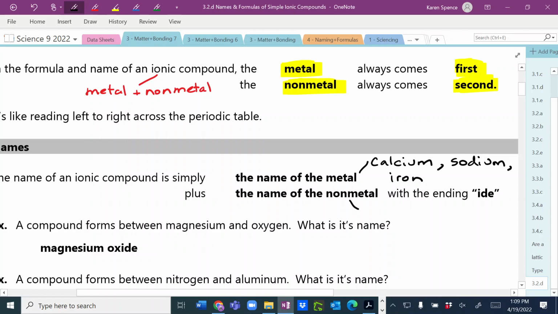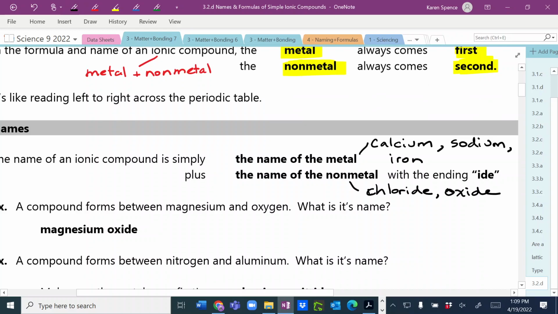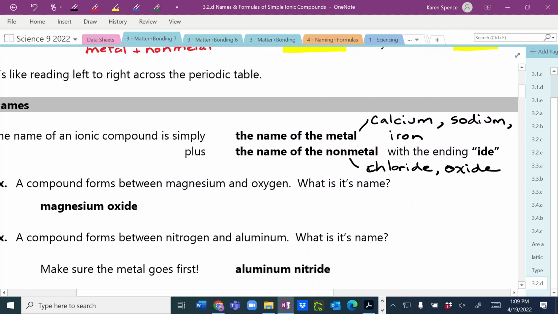So instead of chlorine, we would have chloride. Instead of oxygen, we would have oxide, etc. Okay? So if we're making a compound between magnesium and oxygen, what is its name? Well, we simply name magnesium. And then oxygen, because it is the non-metal, becomes oxide.